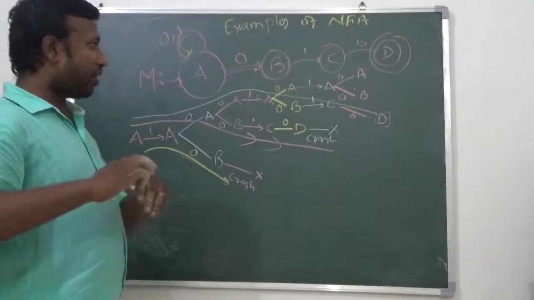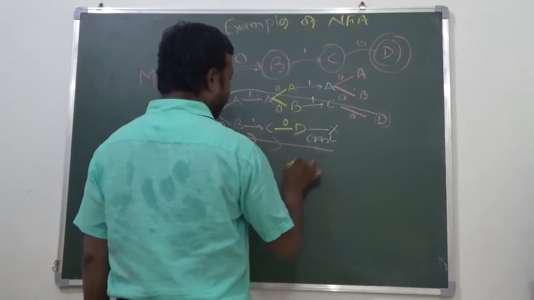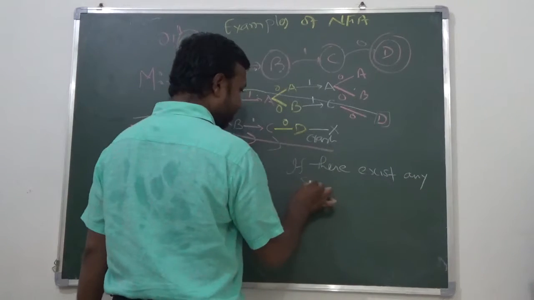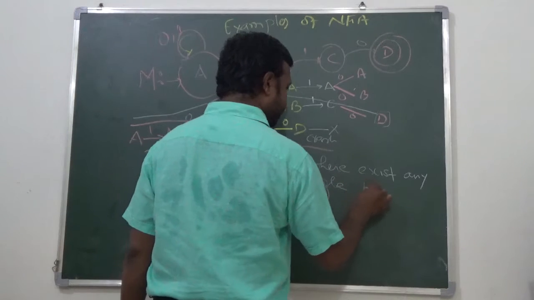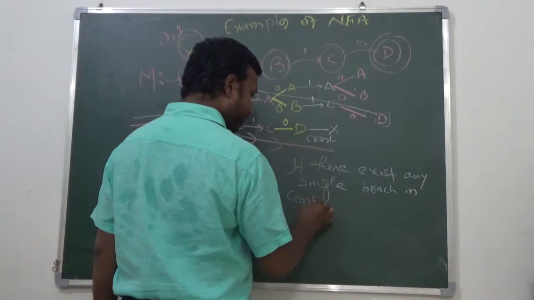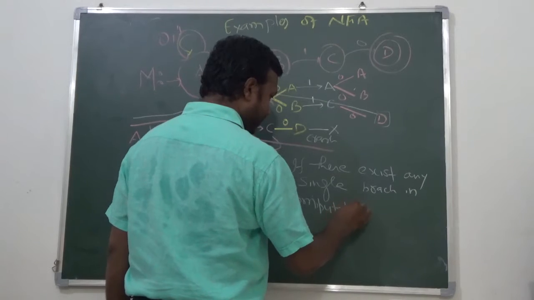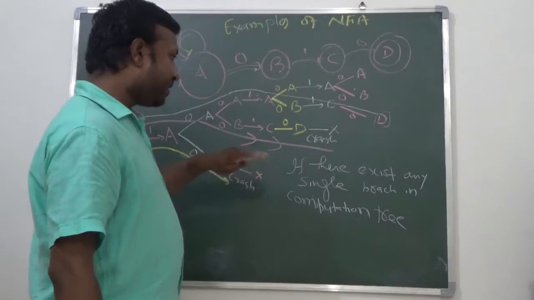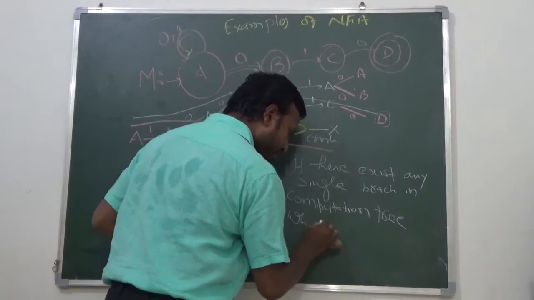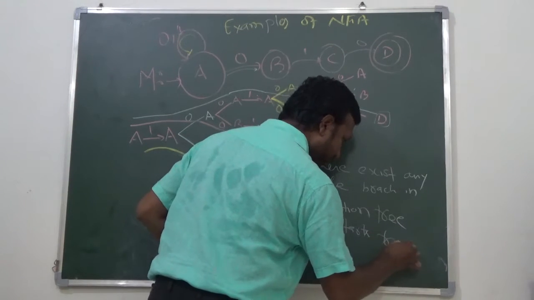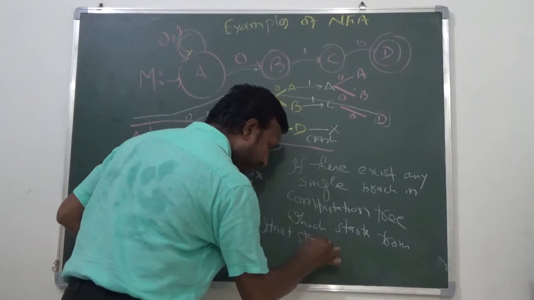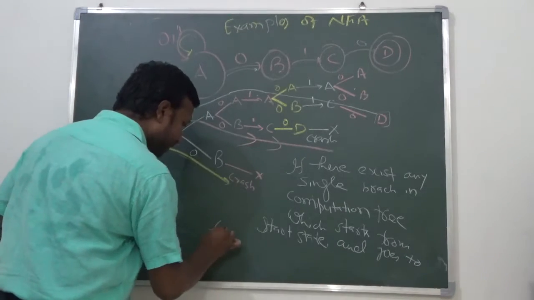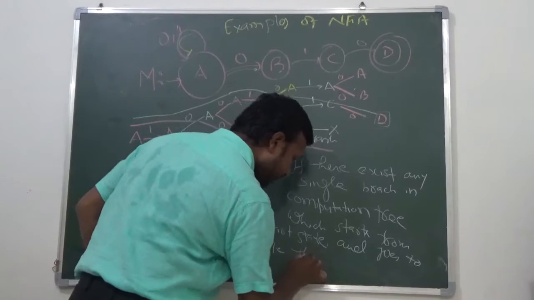Last state is D. After processing all the symbols, the last state is D. So if there exists any single branch in the computational tree, this tree is basically called computational tree, which starts from start state and goes to final state, then accept.